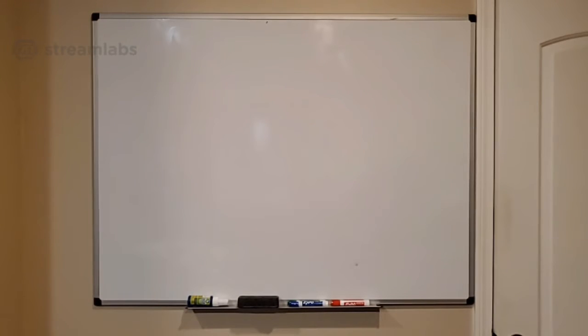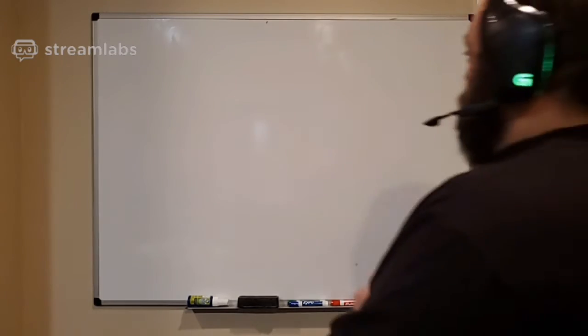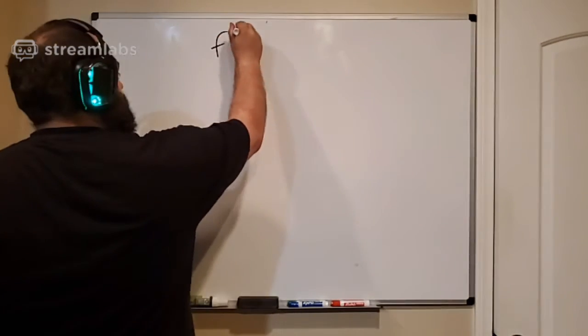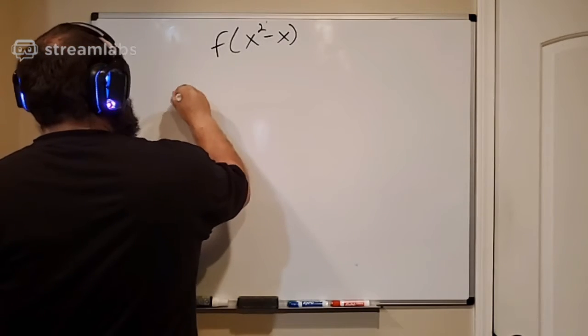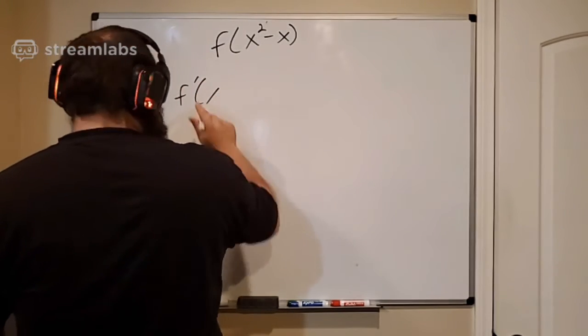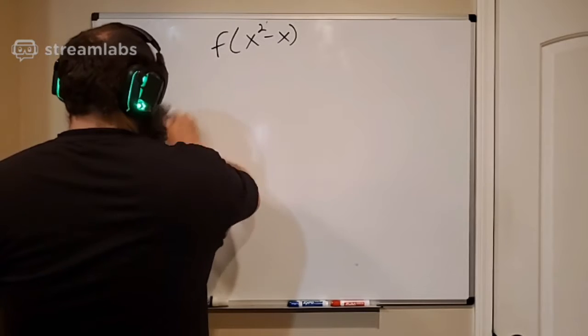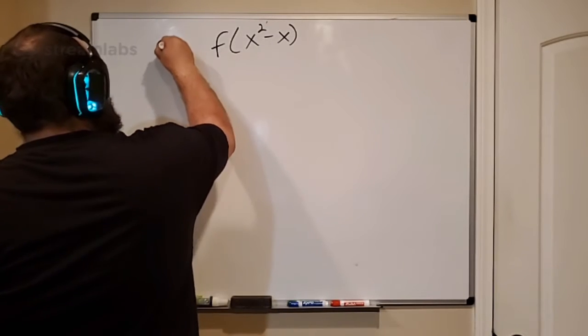g of x is f of x squared minus x. We want g prime. Oh, okay, that makes sense.